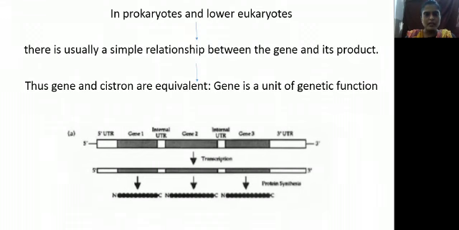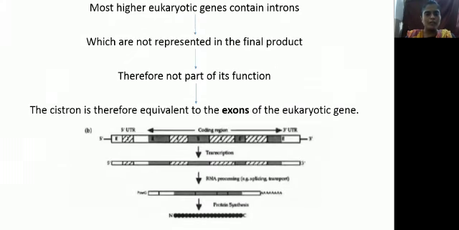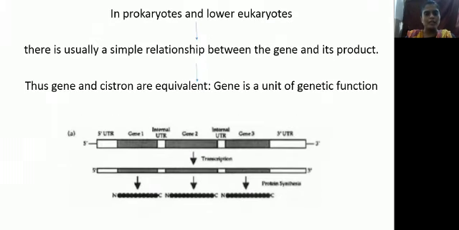That is, as introns are not present inside one gene, non-coding sequences are not present. That gene directly produces mRNA and it directly codes for protein. So there is a simple direct equivalence relationship between gene and cistron. Thus, gene and cistron are equivalent. That is, you can say a gene is a unit of genetic information in the case of prokaryotes, or cistron is the smallest unit of genetic function.